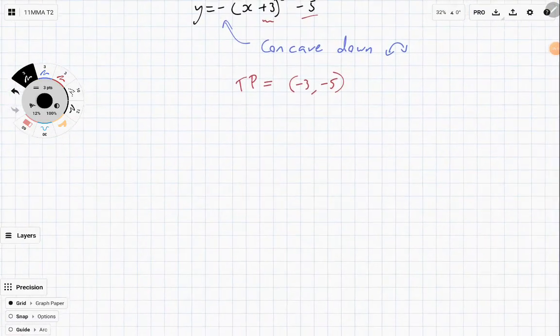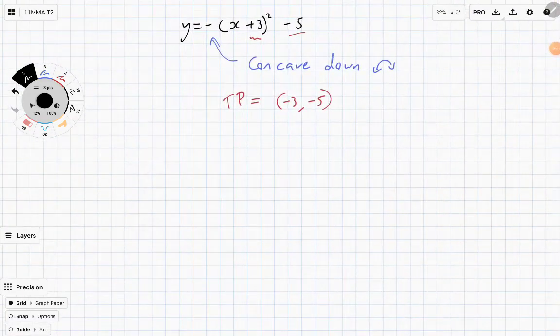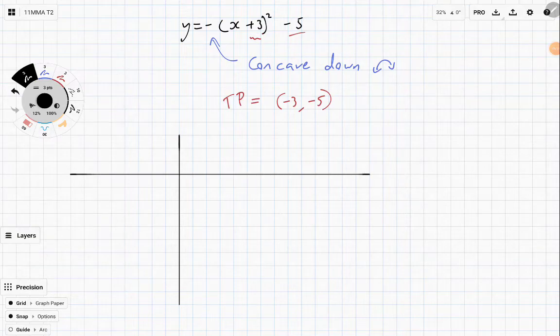It's not been dilated, so it's going to be the classic quadratic shape, but we're going to need a bit more negative axes space, not that much. And we've got (-3, -5) for the turning point. And since it's concave down, it's going to look like so.